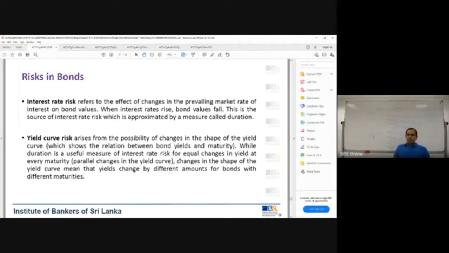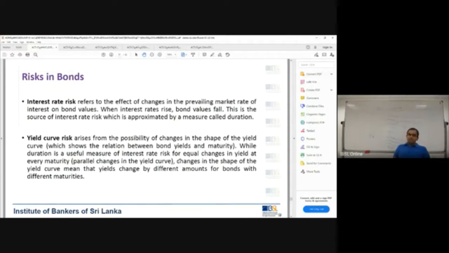Interest rate risk refers to the effect of changes in the prevailing market rate of interest on the bonds. When interest rates rise, bond values fall. This is the source of interest rate risk, which is approximated by a measure called duration. And so, as we learned just now, interest rate risk is measured by duration.